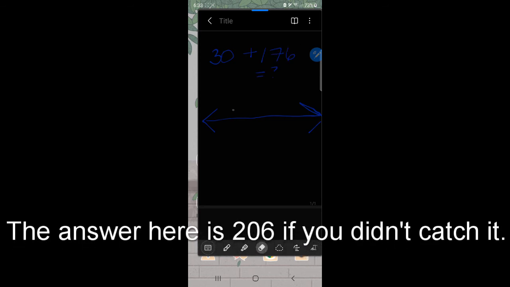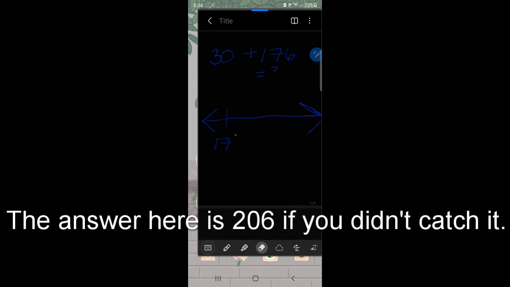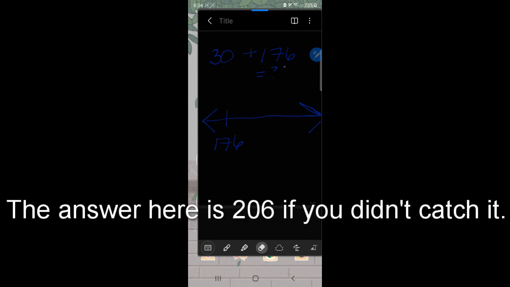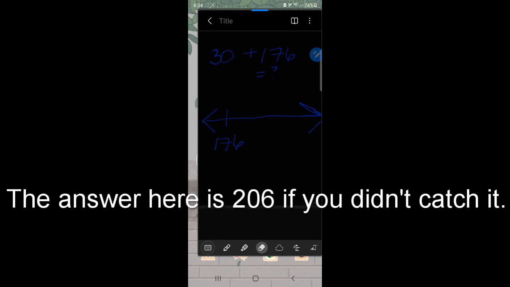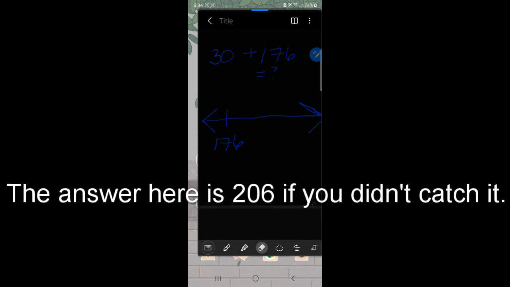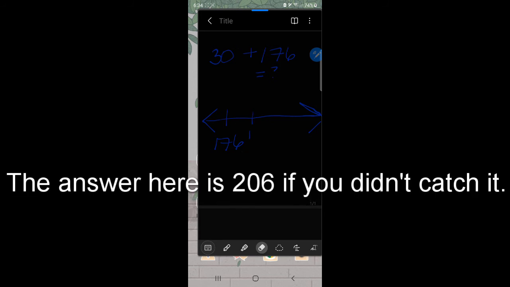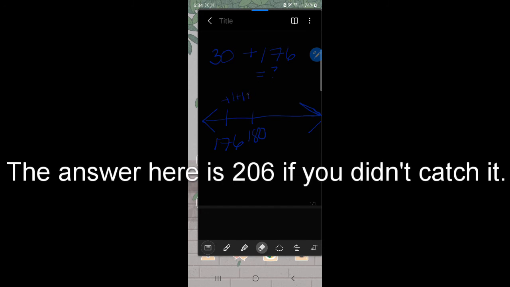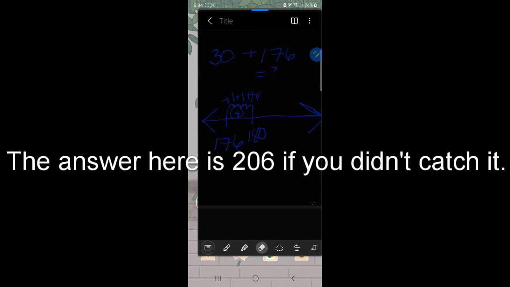Well, we can start here at 176 because that's the bigger number and we want to add 30 to it. Now you could start at 30 but that would be really difficult. So 176 is really close to 180. So that's going to be my next landmark number, and I'm going to do plus 1, plus 1, plus 1, plus 1. And that's going to give me 4 here.